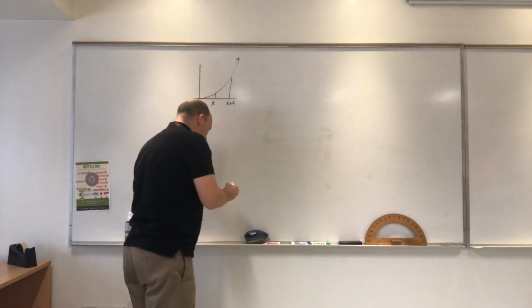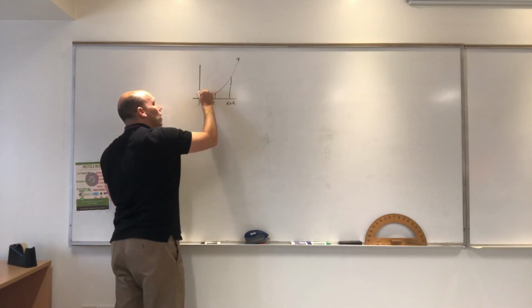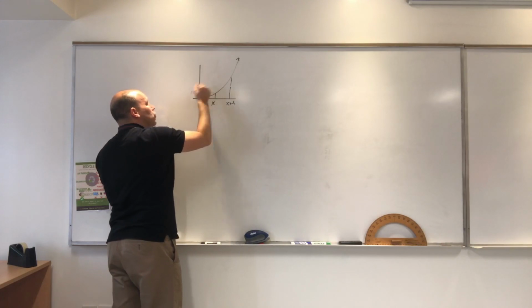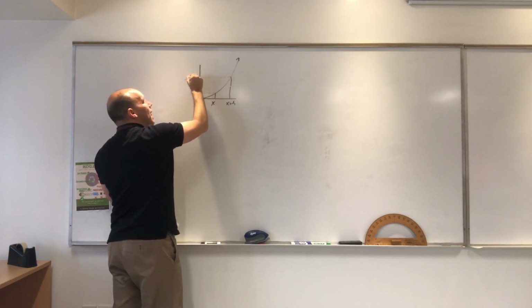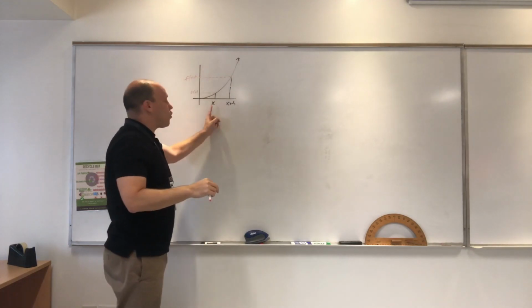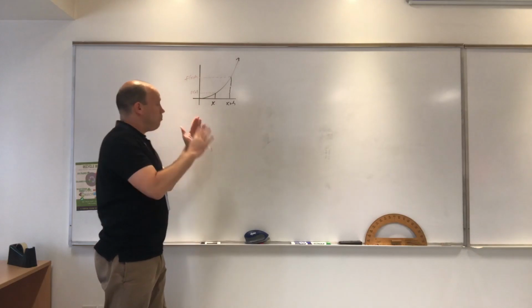What is the value of the function right here? Well, that's simply f of x. And what is the value of the function up here? It's f of that value, which is a little bit larger than x. It could be a little bit or a lot. The difference is h.